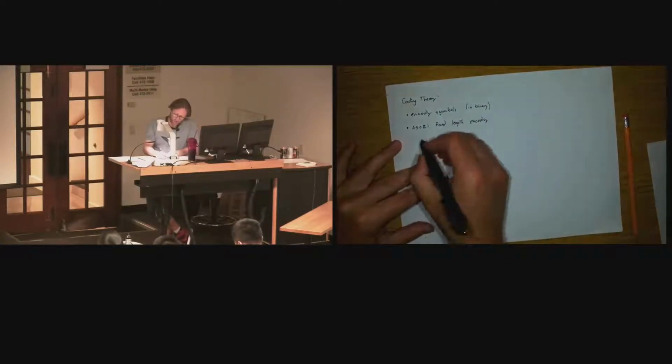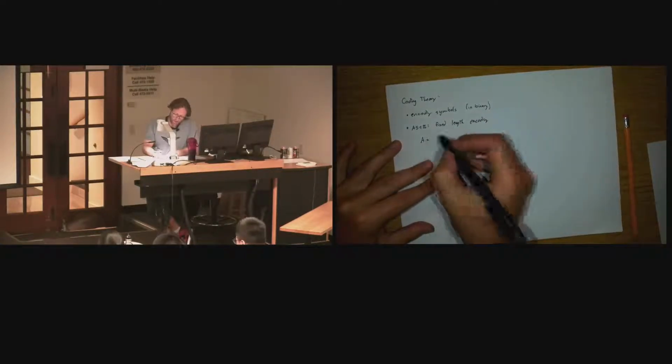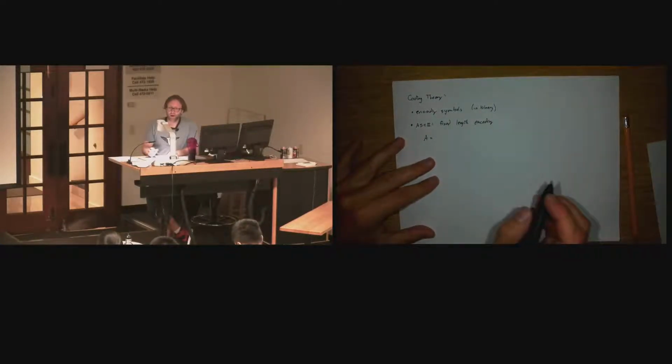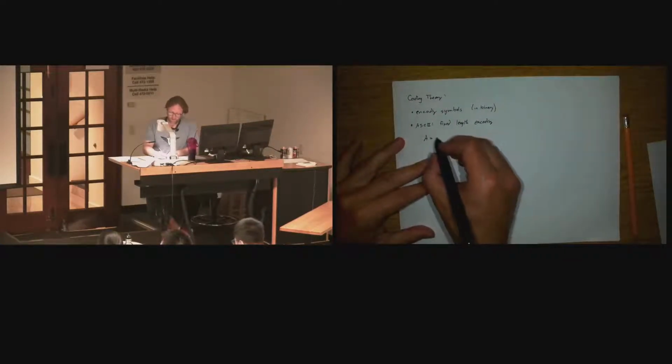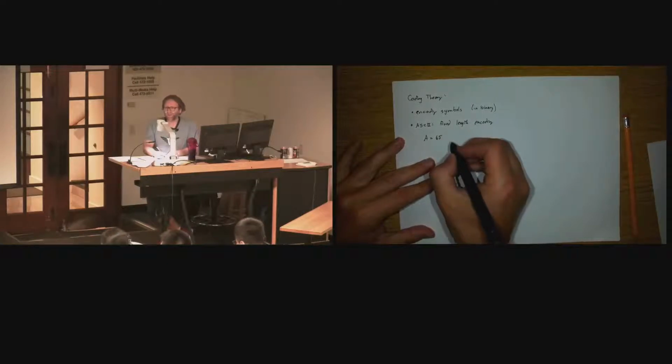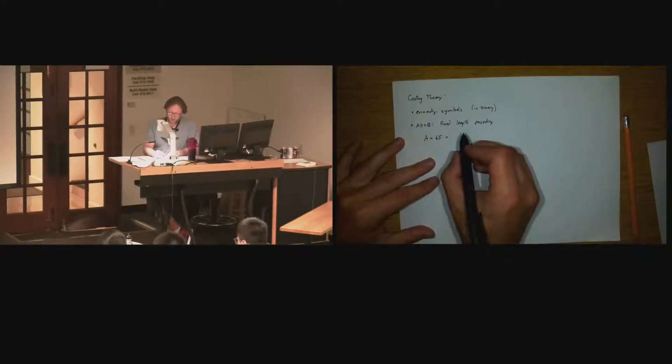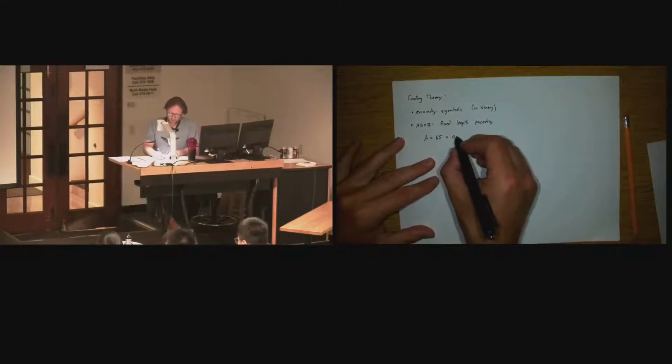Capital A. Does anybody know what the value of capital A is in ASCII? That's lowercase a. Uppercase A, I think, is 65. Well, that's base 10. If you were to encode this in binary, what would it look like?